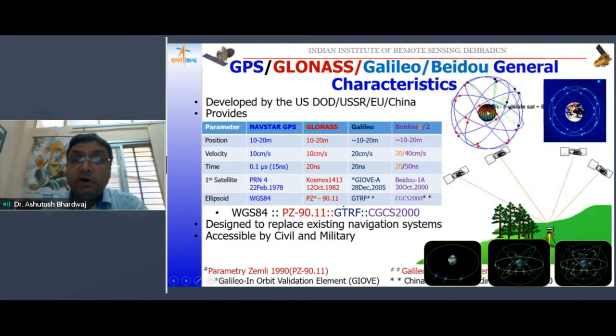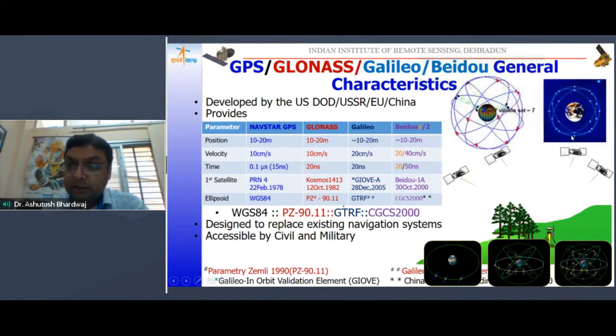That means each orbit roughly has more than 5 satellites. So that way the GPS is functioning. The minimum requirement was 4, whereas in case of GLONASS and Galileo, it's 3.